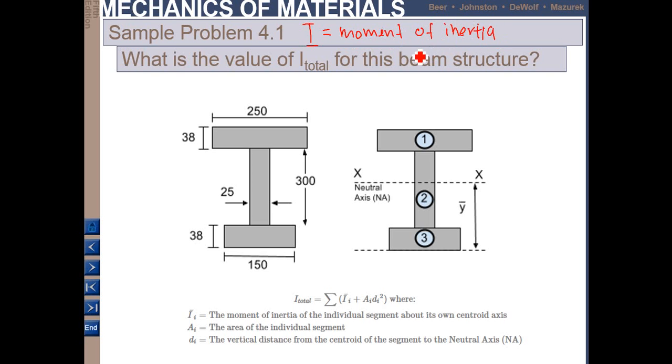In chapter 3, the chapter on torsion, you have the value of moment of inertia as J, in which J is polar moment of inertia. But in this chapter, because it is not twisting, we call it I. So it is not polar, it is moment of inertia.